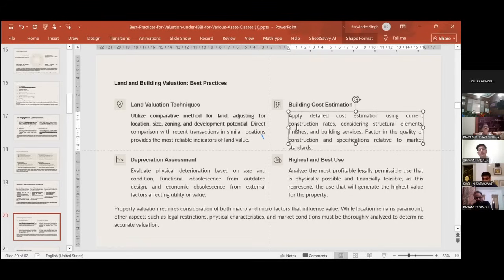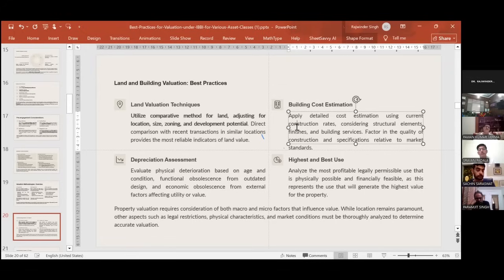For that, you have to calculate a depreciation assessment. You evaluate physical deterioration based upon age and condition. Then you calculate functional obsolescence from outdated design and economic obsolescence from external factors affecting utility or value.